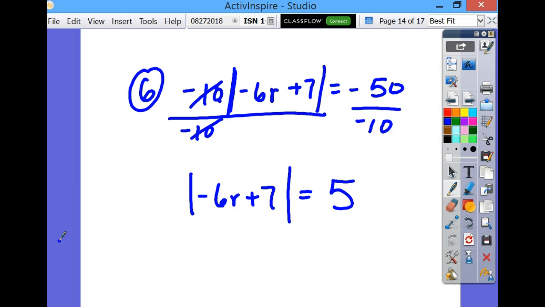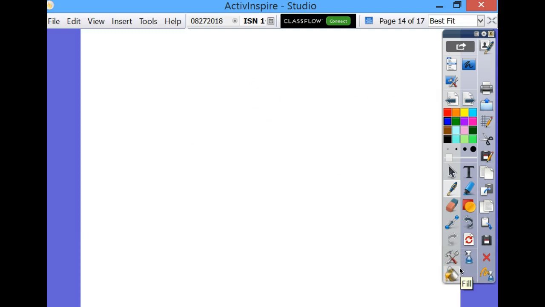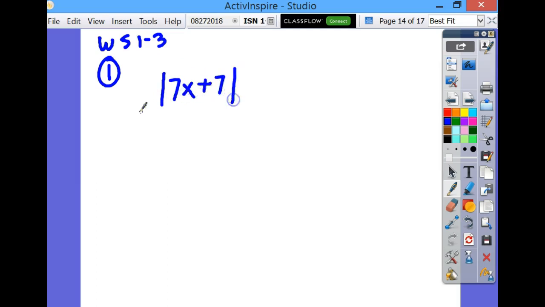So, next on your homework paper, would you look at problem number 1? The problems that I'm doing are on worksheet 1-3. Step number 1 is isolate the absolute value.